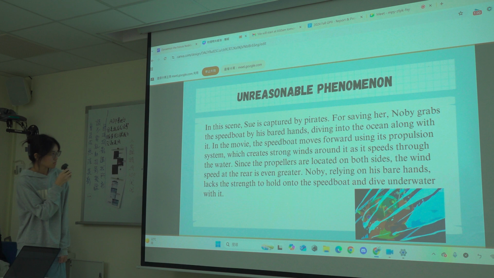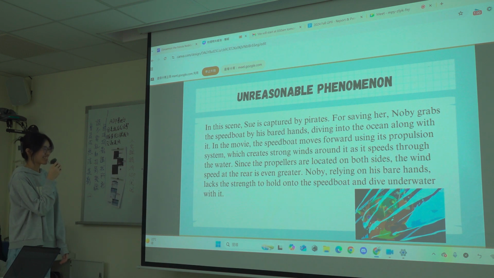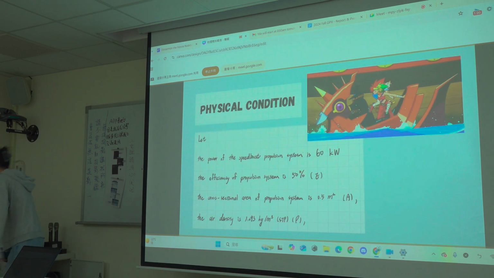I finished reading it. So I think about whether Nobi can hold the speedboat while diving with it.